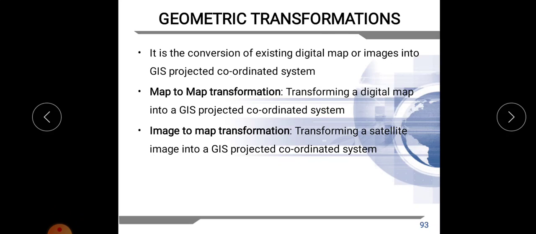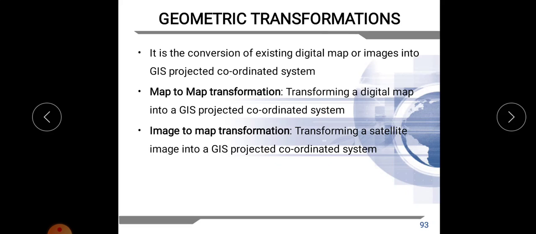And if you are transforming a satellite image, it is known as image to map transformation. So based on the data we use, it is divided into map to map and image to map.